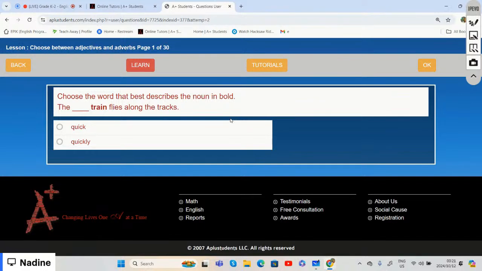So which option is correct? The quick train flies along the track, or the quickly train flies along the tracks. We need to choose option one, quick, or option two, quickly.